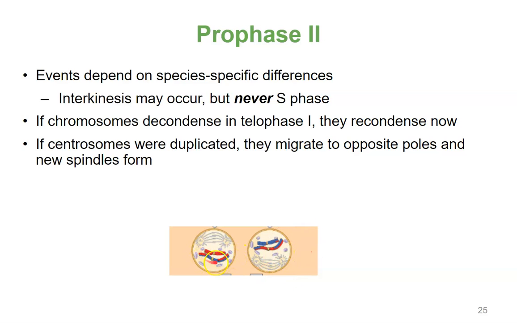Right, because this is chromosome 1 here, this is chromosome 1 over here. So both of our pairs, chromosome 2 as well, they got separated, and so now we have half the number of chromosomes. So at the beginning, we had 4 in our cell, but now we only have 2, right? Okay, so prophase 2, like that.